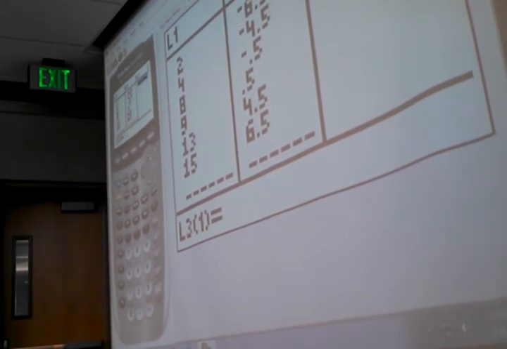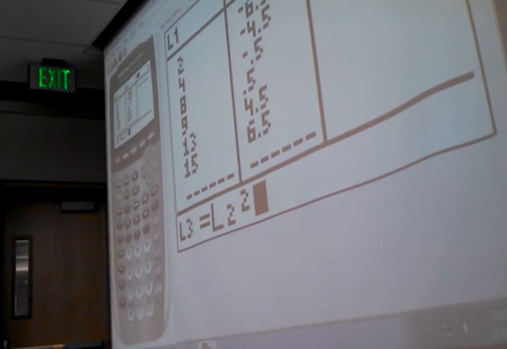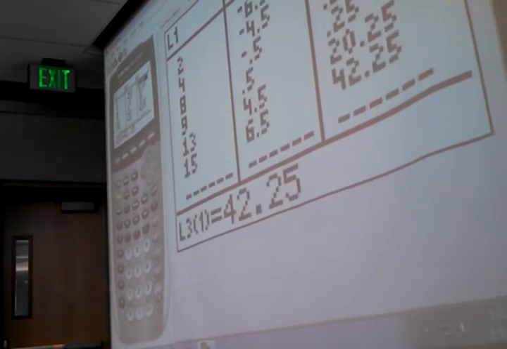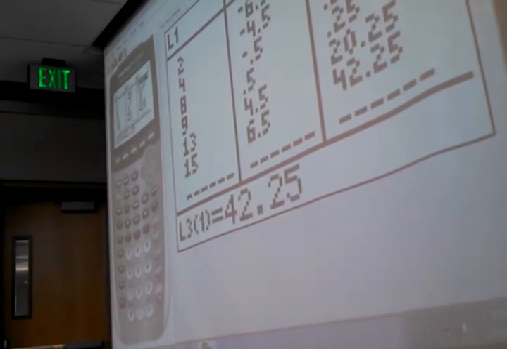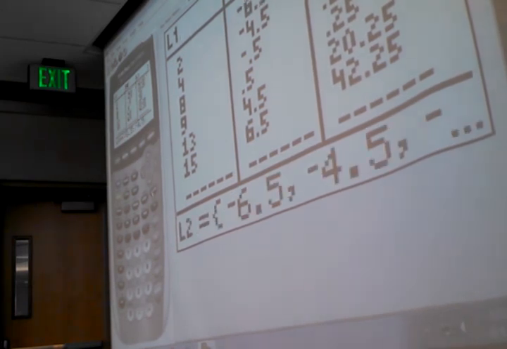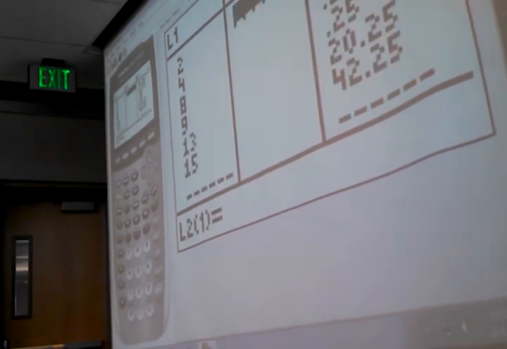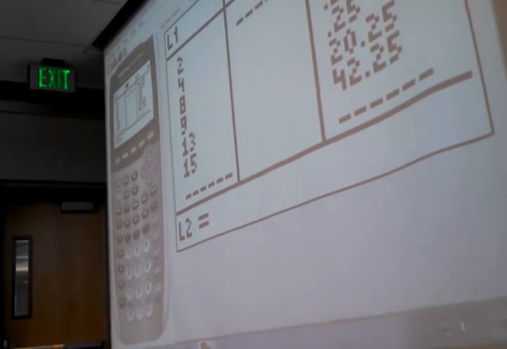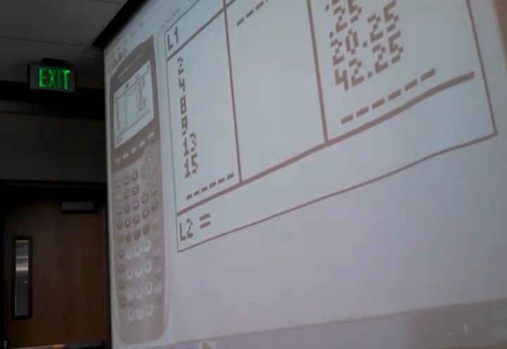So what do I want to do, L3? L2 squared. I want to square that x minus x bar. Right? I want to get to the point where I can add up my x minus x bar squared. So L3 will be L2 squared. Bam.